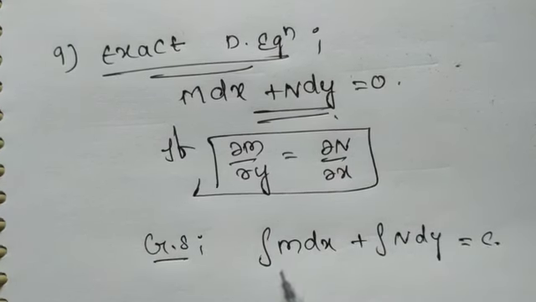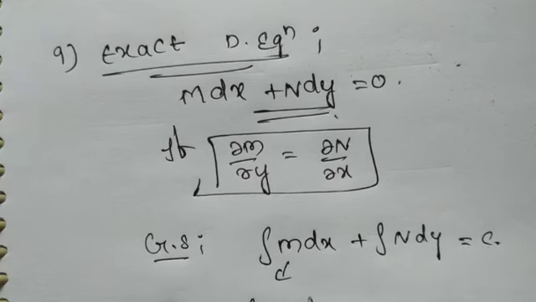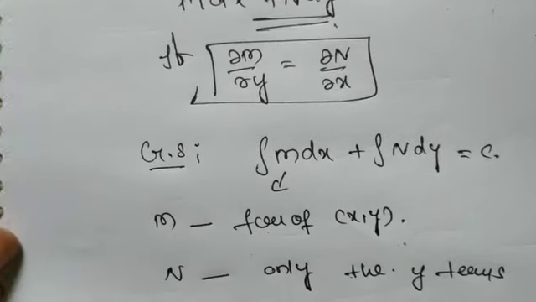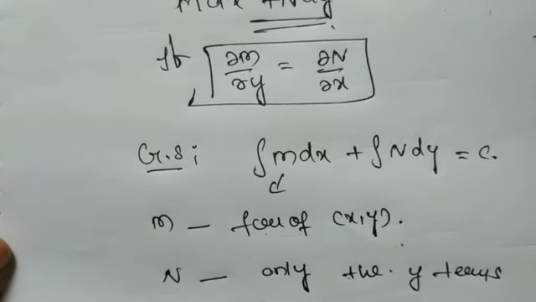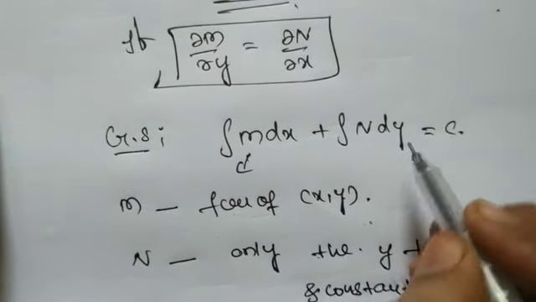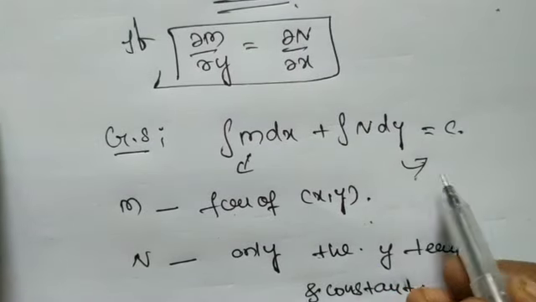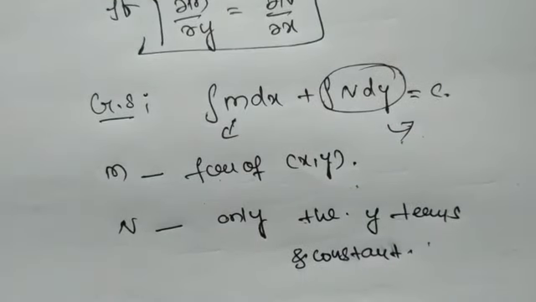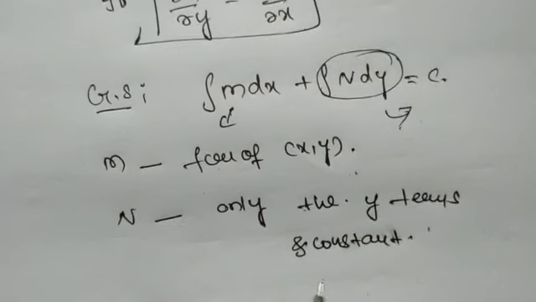Here M contains all terms, that is, a function of x comma y, and N contains only the y terms and constant terms. So in N, remove all the x terms. This is the exact differential equation.